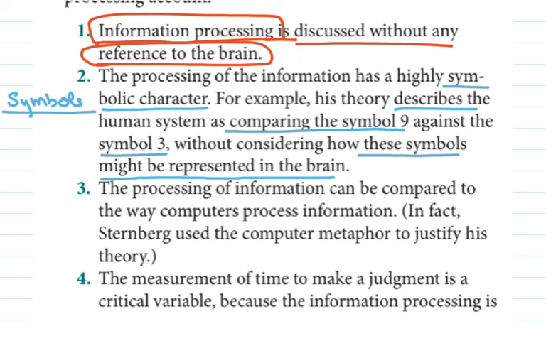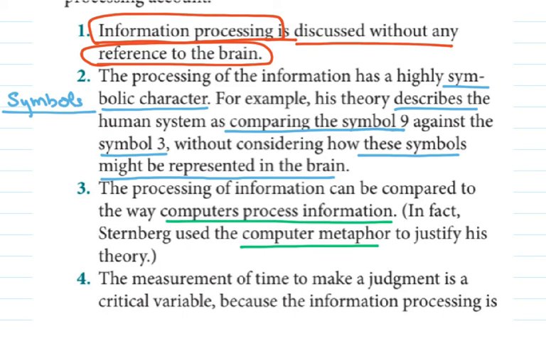The third point is the processing of information can be compared to the way computers process information, right? And in fact, Sternberg was using the computer metaphor to justify his own theory, right? So that's something that's very visible as well, that you're using computer metaphors in order to understand human cognition. You're making analogies to computers, right?